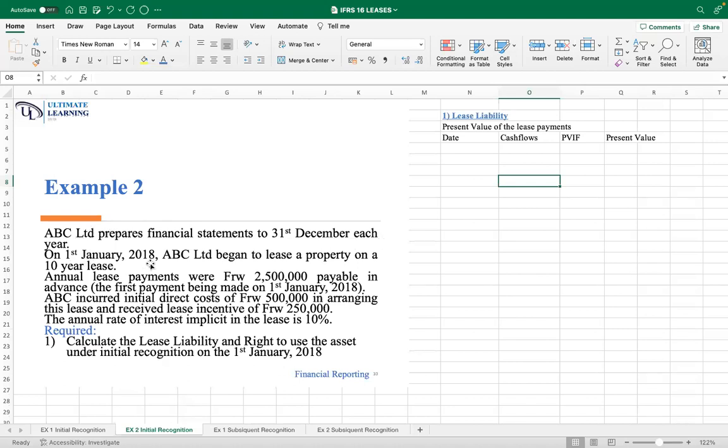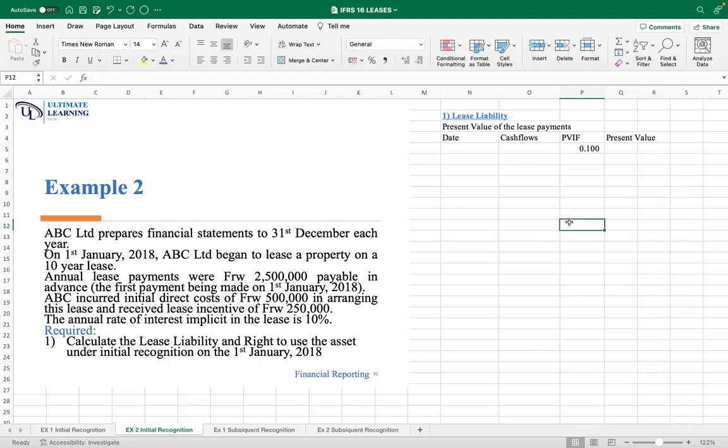On 1st January 2018, ABC Limited began to lease a property on a 10-year lease. Annual lease payments were 2.5 million payable in advance, the first payment being made on 1st January 2018. So the interest rate is 10%.